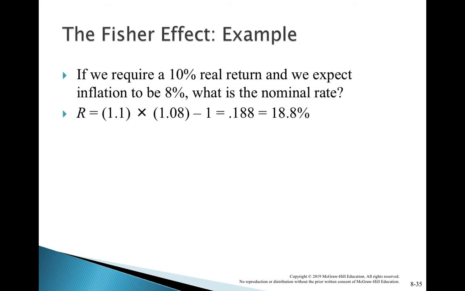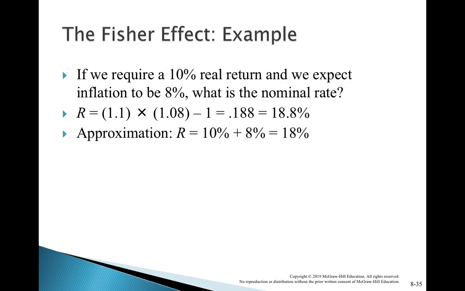The Fisher effect, which we just discussed: 1 plus the real rate multiplied by 1 plus inflation, minus 1, is equal to the nominal rate. Here, for example, 10% is the real rate and 8% is the inflation, so what is the nominal rate? 1 plus 10% multiplied by 1 plus 8% inflation, minus 1, gives 18.8% as the nominal rate.